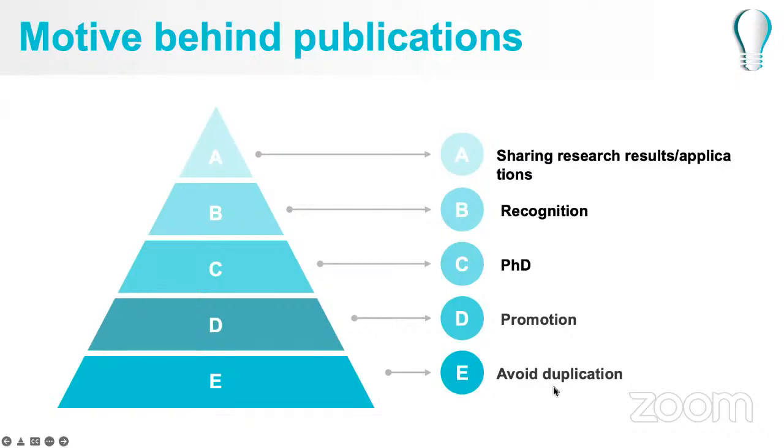Okay, so these are the basic motives, and definitely avoiding duplication is also a very important aspect. Now not only is Google going to retrieve all the research that is going on, but there are so many repositories, archives, and research data management processes which help us discover what research has been done on a particular topic.